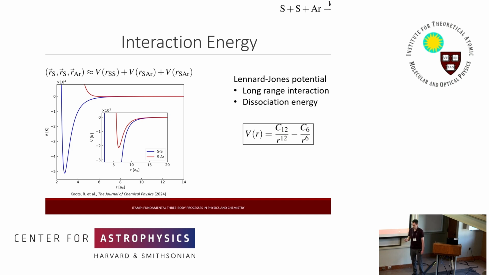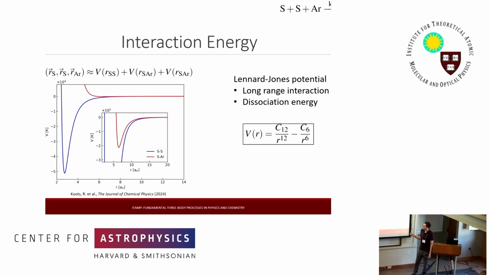Okay, so the first step is to define our interaction energy across sulfur. We take our three-body potential as an approximation, as a sum of three two-body potentials. And we define these two-body potentials as Lennard-Jones potentials. And these are relatively simple. They allow us to calculate things pretty fast.